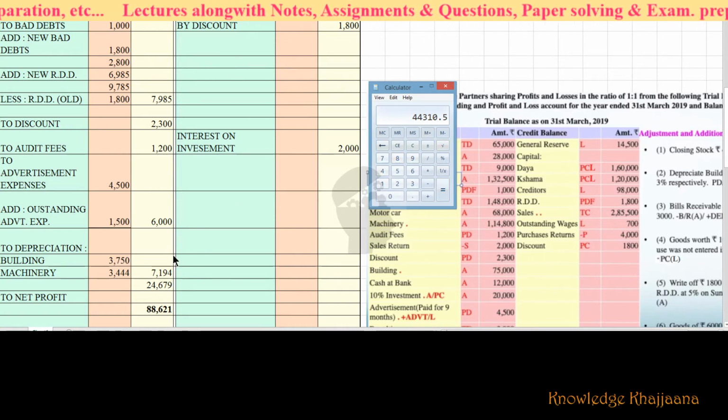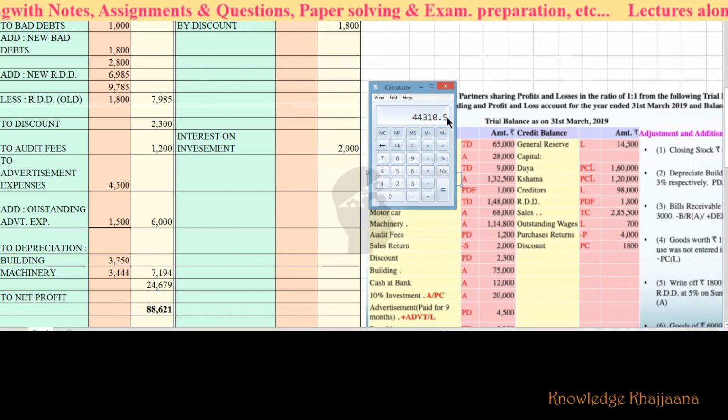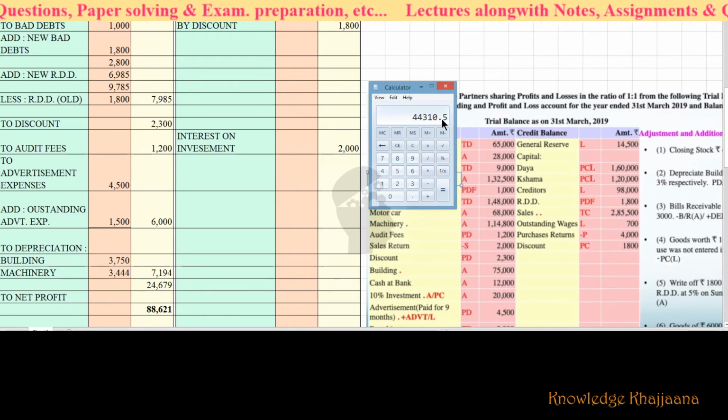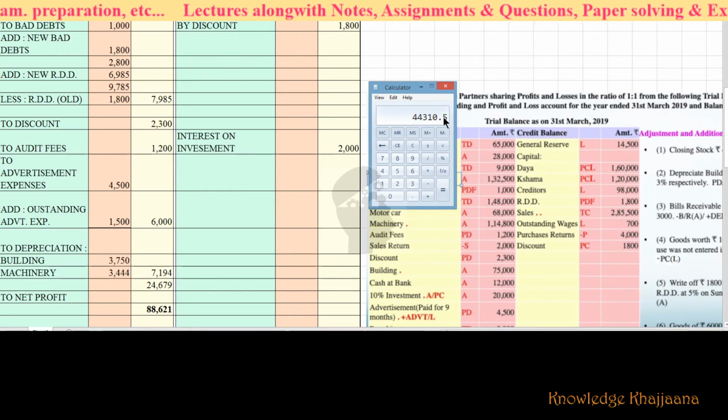What is the amount? 44,310 and 50 paisa. It is an uneven amount, and it is difficult to distribute 50 paisa. So what we will do?